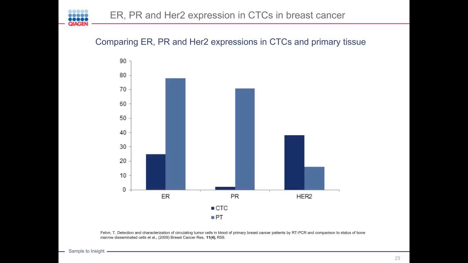A tumor stem cell is a cell that has increased survival mechanisms and has a metastatic capacity, but in the bloodstream it's getting silenced, and this might be described here by the downregulation of the estrogen receptor and the progesterone receptor.